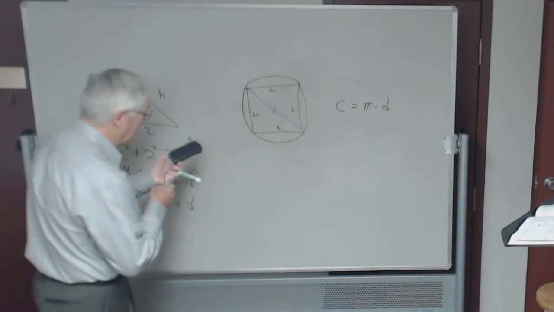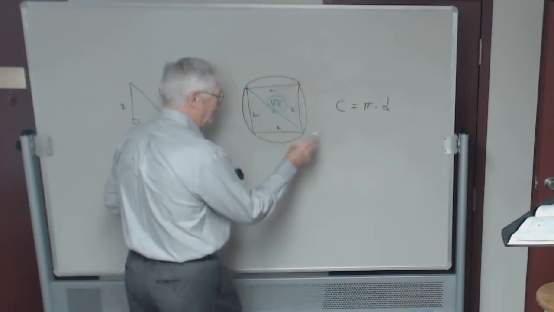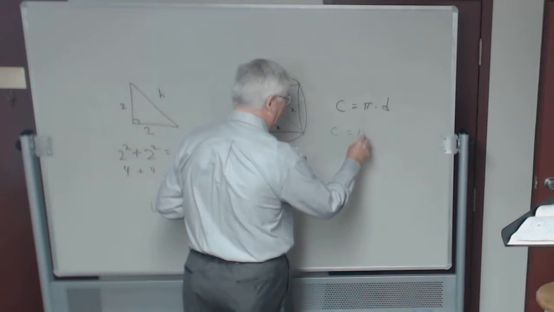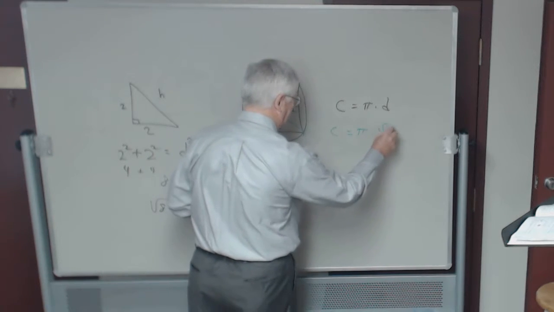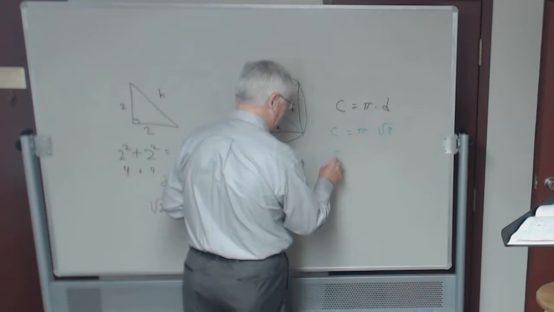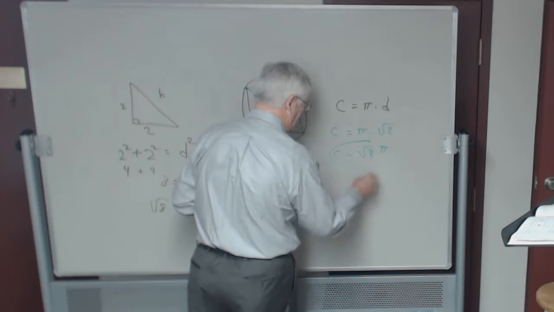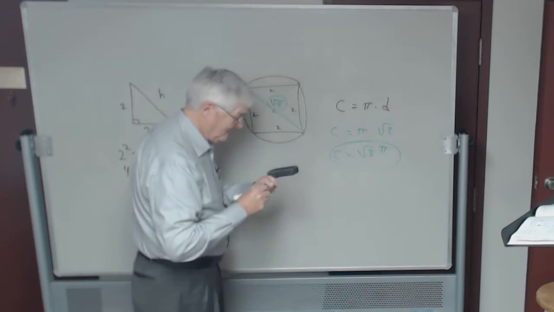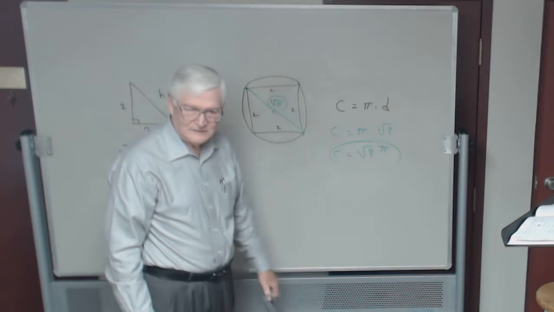So now this diagonal is the square root of 8. And what's the circumference? Pi times the diameter, times the square root of 8. So the circumference is the square root of 8 times pi. Is that the answer that it shows over on the next page?